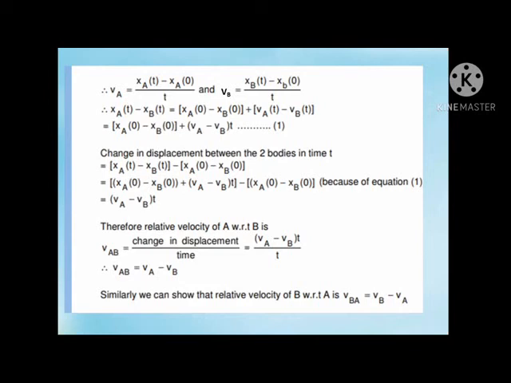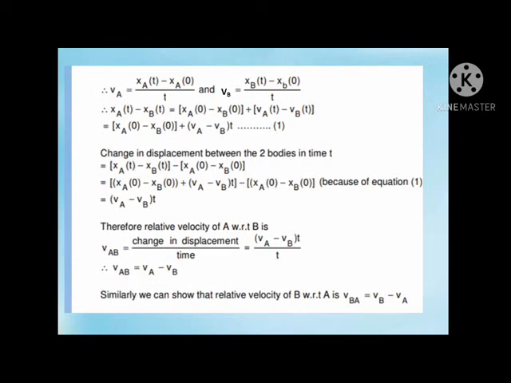The plus xb0 and minus xb0 cancel, and plus xa0 and minus xa0 cancel. What is left is (va minus vb) t.